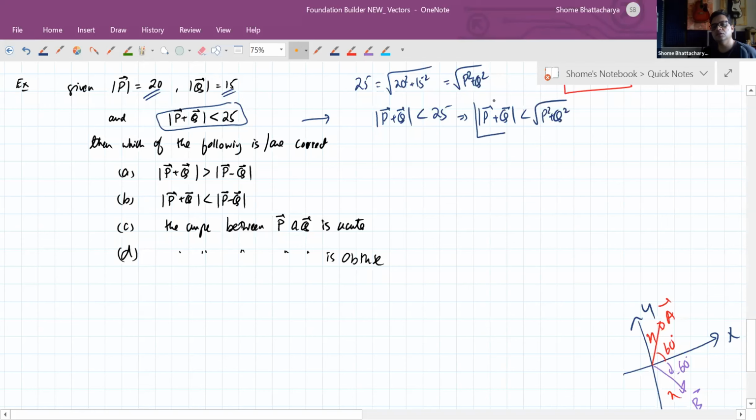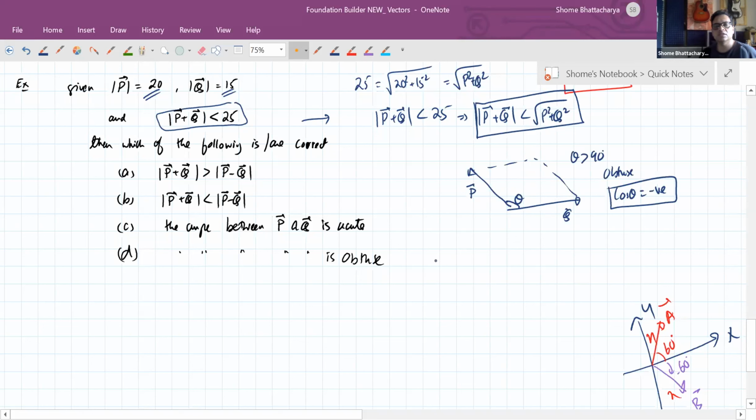So if you remember your inequalities, you'll realize that it's this kind of a situation. It must be an obtuse angle. Okay, theta must be greater than 90, or obtuse, or cos theta should be a negative quantity.